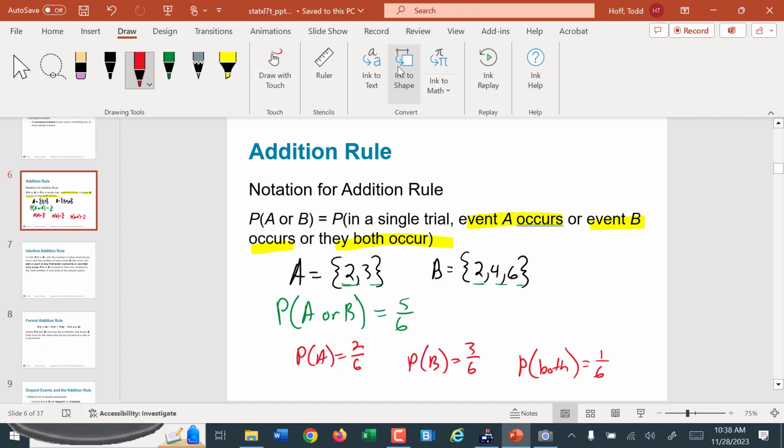So with our addition rule, we would add these probabilities: 2/6 plus 3/6 would be 5/6. Then subtract the probability of both, because we don't want to repeat that. Both of these probabilities included getting a 2. So we subtract out the 1/6 to get 4/6, or a 2/3 probability.